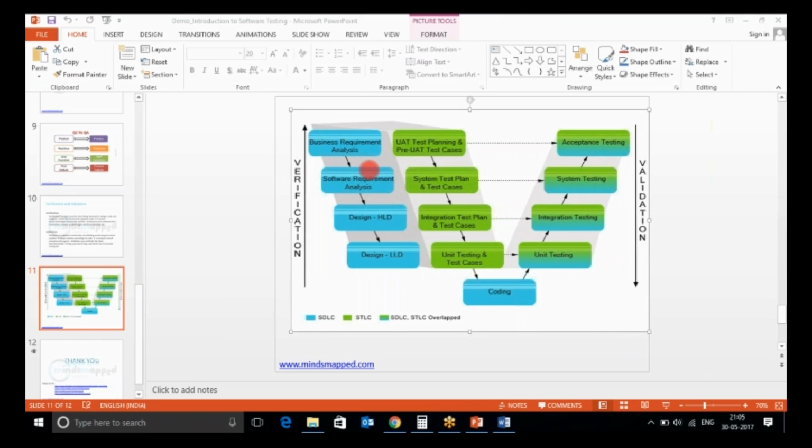Okay. If you see on the screen, these are the different phases which happen in the project, and these are the different types of testing that happen side by side. When we discussed the initiation phase, I'll try to map it with the project life cycle that we discussed.